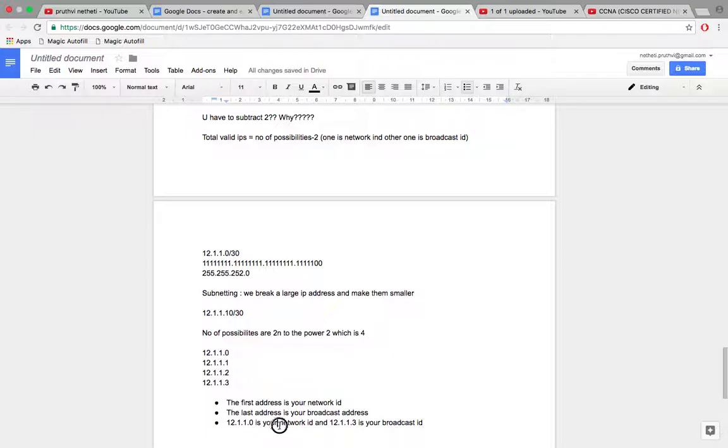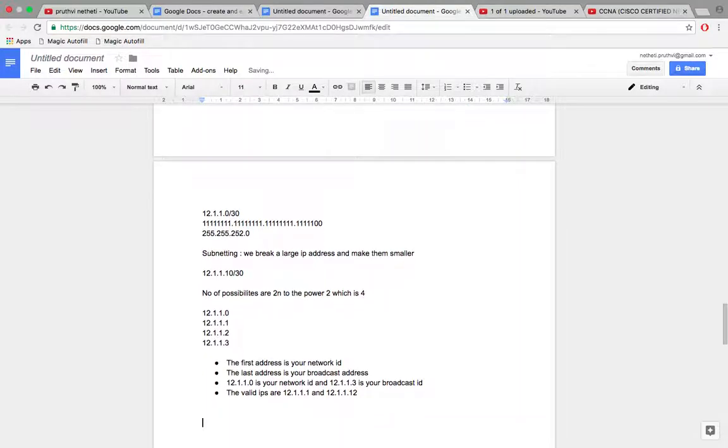Network ID is used to denote which network you belong to, and broadcast ID is used to broadcast to the network. You can't use your network ID or your broadcast ID for your end devices. So the valid IPs are 12.1.1.1 and 12.1.1.2. This is a subnetting question.